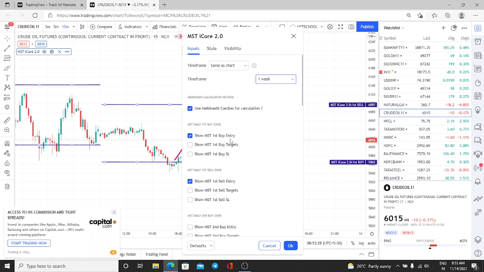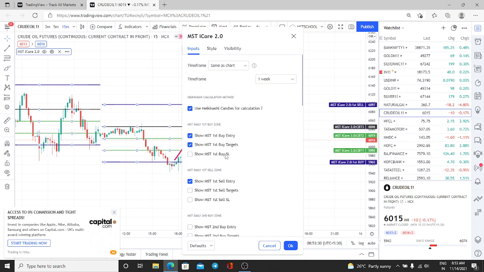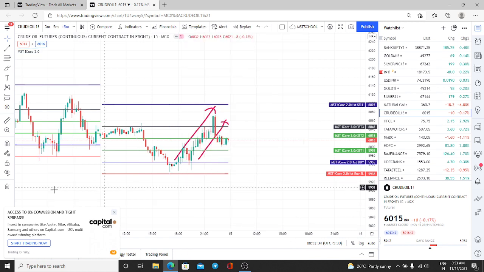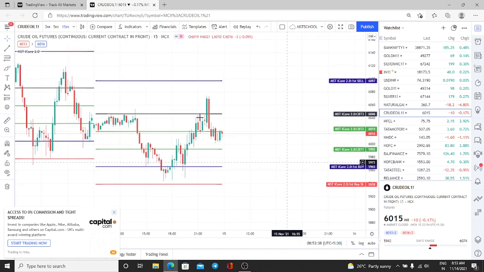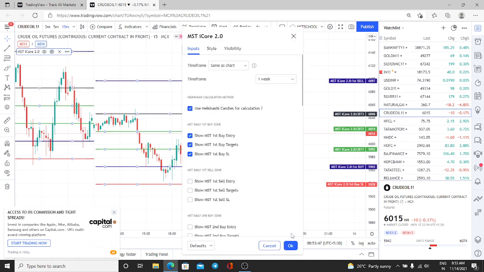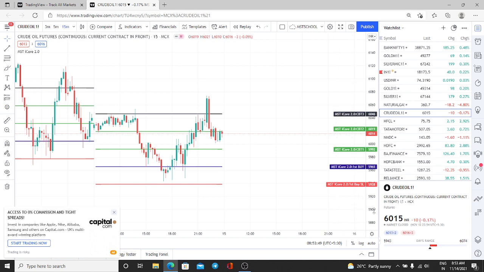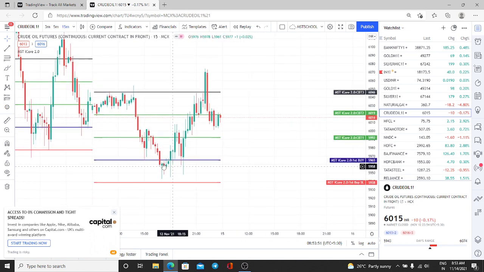Now enable the first buy targets and first buy SL, and remove the sell entry. So now you can see the entry is at 5965. Here it is exactly hit, then the first target is immediately done.